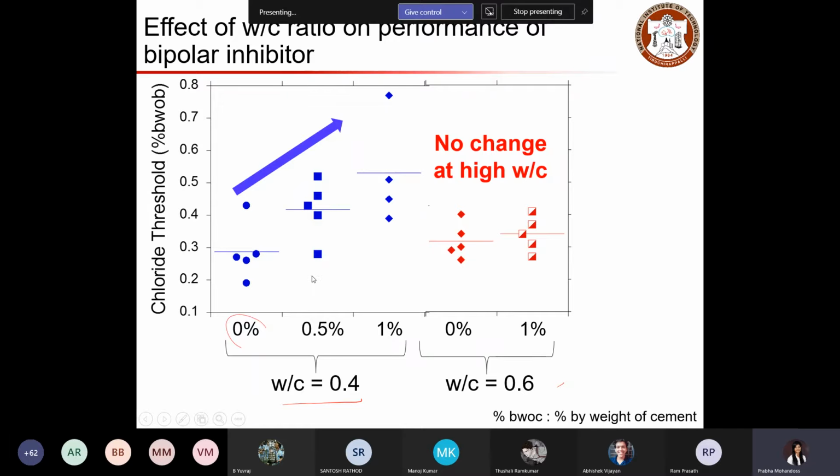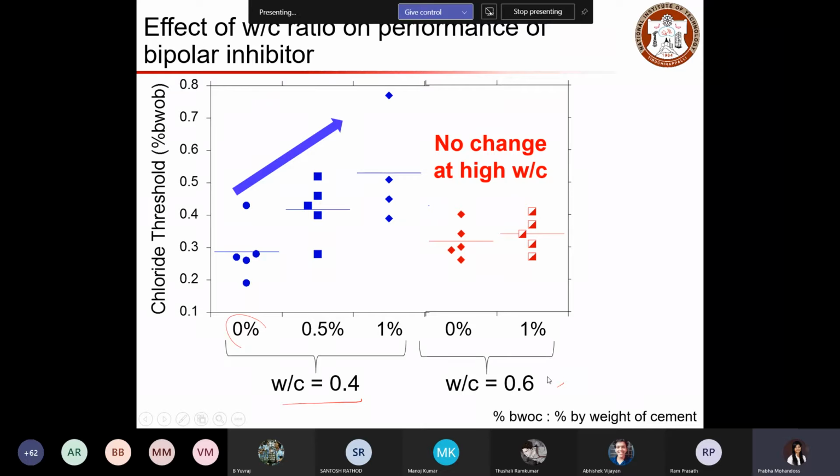When you add such admixtures at these different levels, you are going to improve the resistance to corrosion. So the chloride threshold value is improving. Now your system can take more chlorides, but the steel will not be corroded, because the bipolar inhibitors provide protection for your rebars.